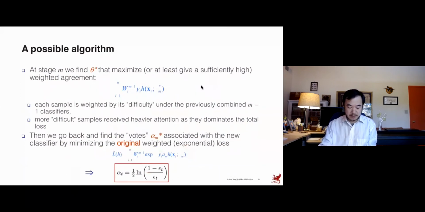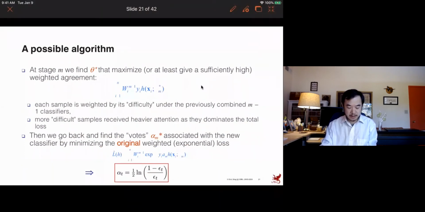Okay, so that basically leads you to a possible algorithm. At stage M, we're going to just optimize the theta star by optimizing this particular term, and leave the alpha out, because after differentiation, they actually disappear from the entire optimization step in theta, right?